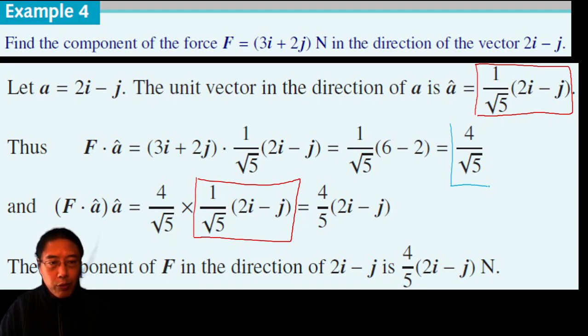So you end up with that scalar value that you will use as a factor for your projected vector. Simplify it, and that will give you your vector projection.